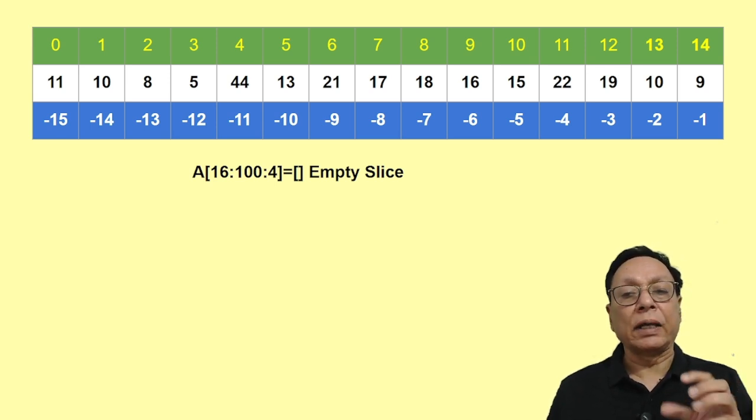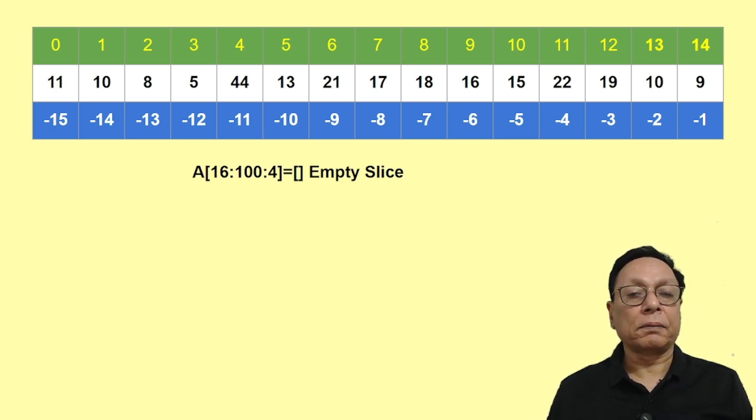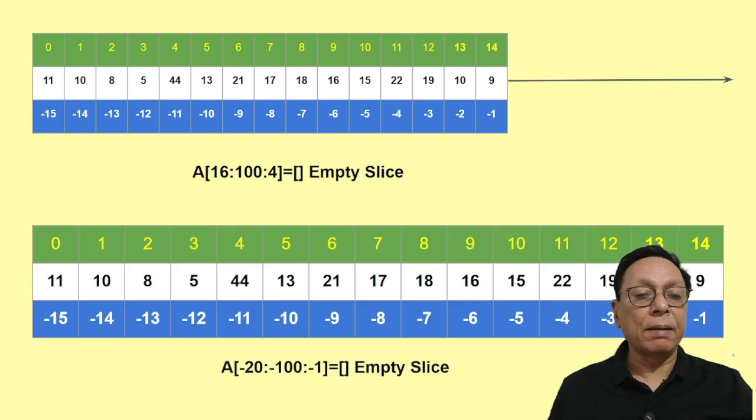So this would create an empty list, empty slice. Similarly, in another example, if you take minus 20 to minus 100, this again is not in the range, neither minus 20 nor minus 100 in the range of the list, so it will also produce the empty slice.